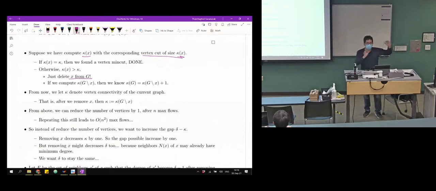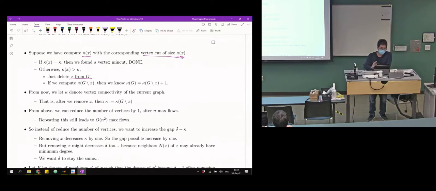And if you recurse on the graph after removing x, you can recover the original answer for the original graph G. If you just want a number, you compute kappa of G minus x, and return kappa G as kappa of G minus x plus 1.